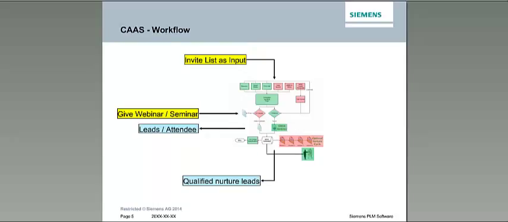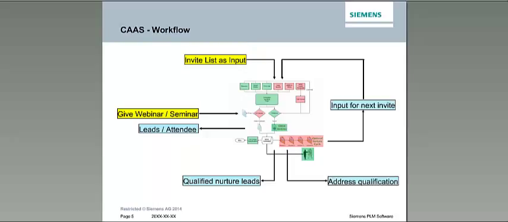So you will get back the leads and the attendees from your webinar or seminar. Out of that nurture track, you will get qualified nurture leads. You will also get an address qualification, because we get more and more information about people. You know whether the email address was wrong, so that we really qualify that input over here.